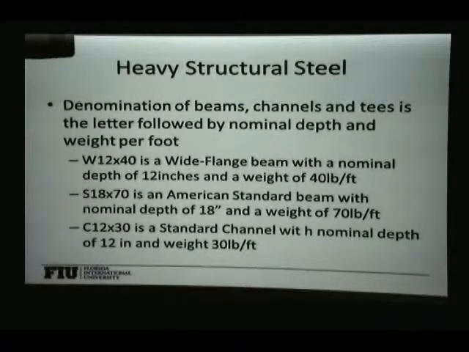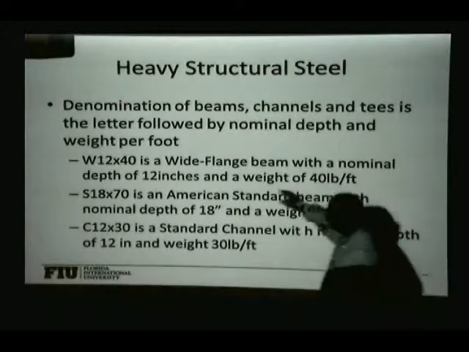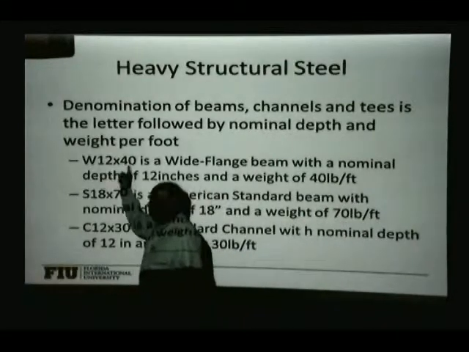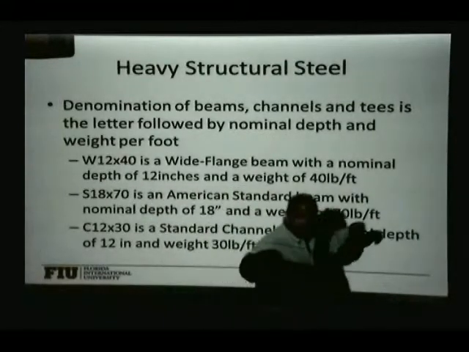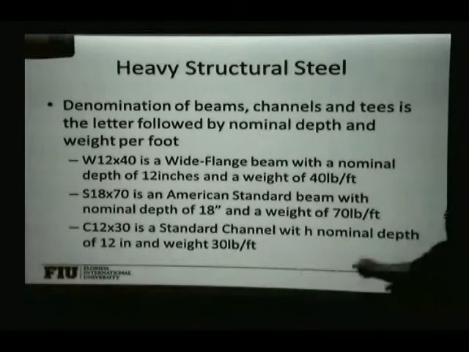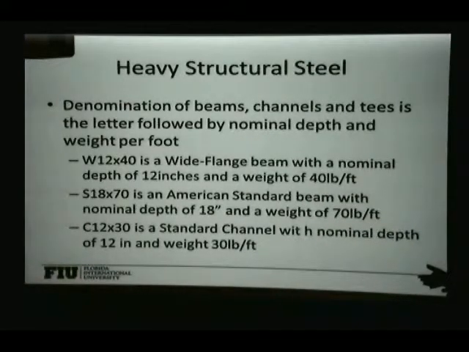So if you have an element that says W 12 by 40, it's a wide flange beam with a nominal depth of 12 inches and a weight of 40 pounds per foot. That's important information because you will see this number on your drawing, then you can measure the length of that element and figure out the weight. You multiply the length by 40, and that tells you how many pounds that element is.